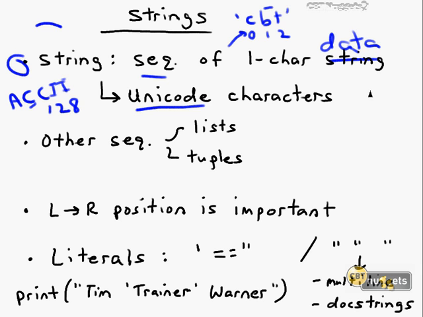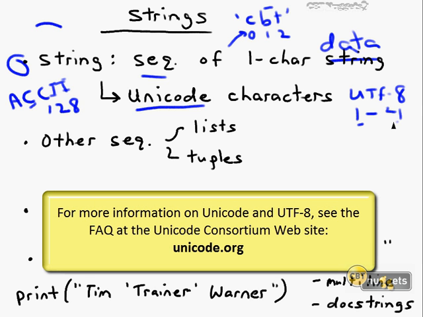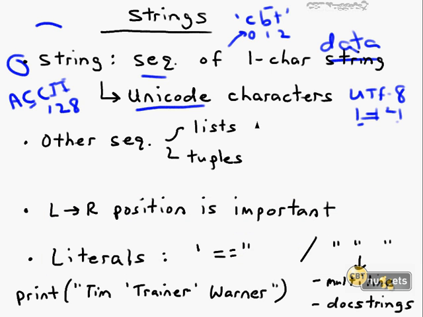Unicode, and in particular the UTF-8 implementation of Unicode, is a variable length encoding system that goes from 1 byte all the way out to 4, but it's variable in order to save yourself space in your code, in your program, in your database, wherever you're employing Unicode. So enough about that. Just know that a string is an ordered sequence of character data that relies upon an encoding mechanism. And that's actually an important point that we'll revisit later in the course.